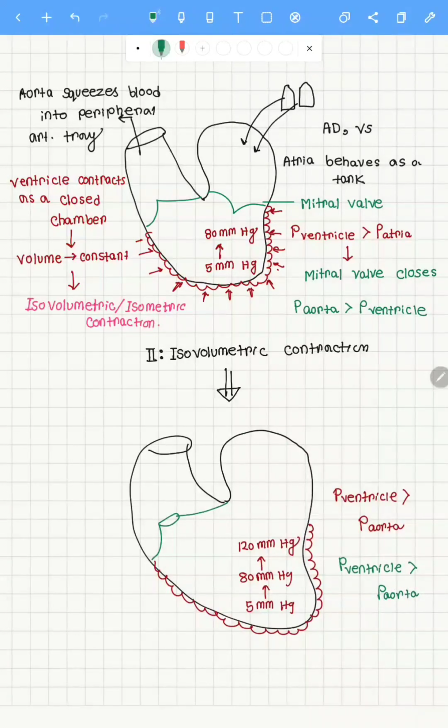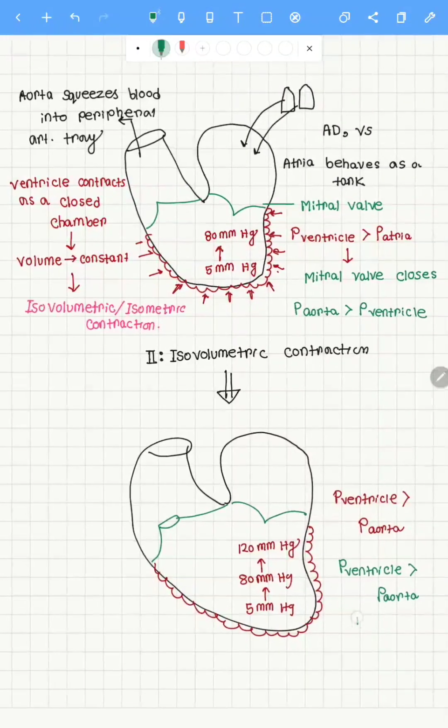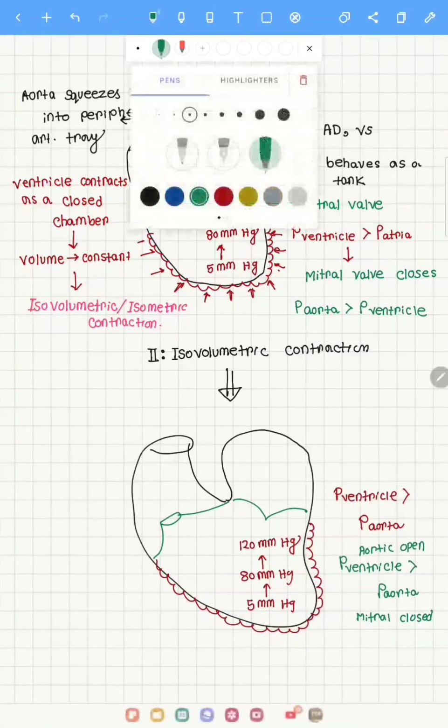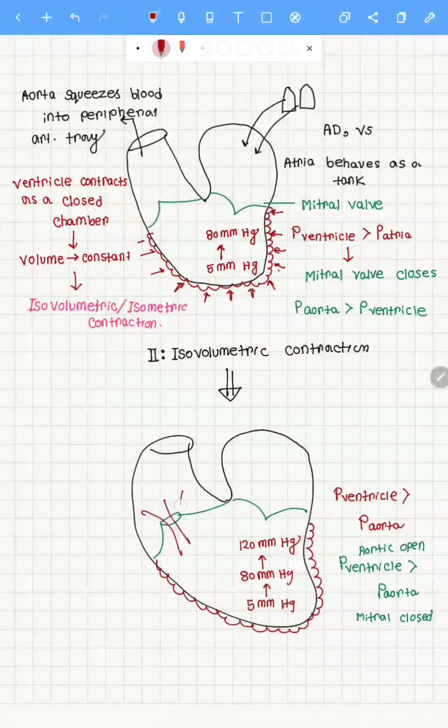That's why the mitral valve will be closed. Mitral is closed and aortic is open. Now the blood will get squeezed from the ventricle into the aorta as the aortic valve is open.